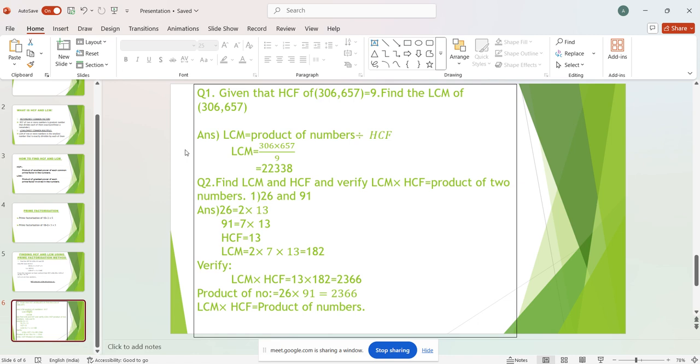You cancel that, then multiply the remaining numbers. So 22338 is the answer. That is the LCM.